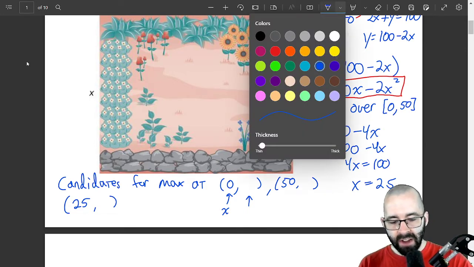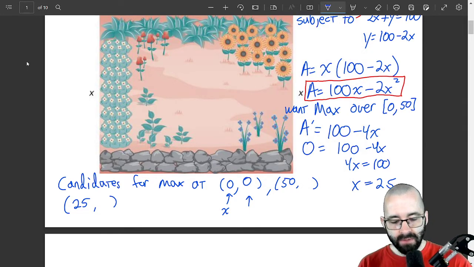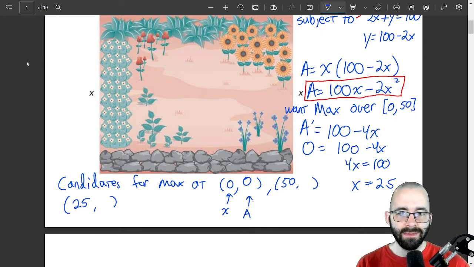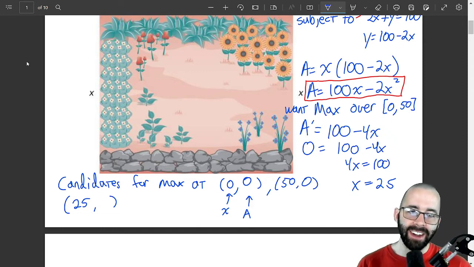So let's find the area when x is 0. Area is 0. That's probably not the maximum. Plug in 50. You're also going to get 0 because y will be 0 in that case. So these are candidates for our biggest area, but in a physical situation, 0 is probably the smallest area you can get.